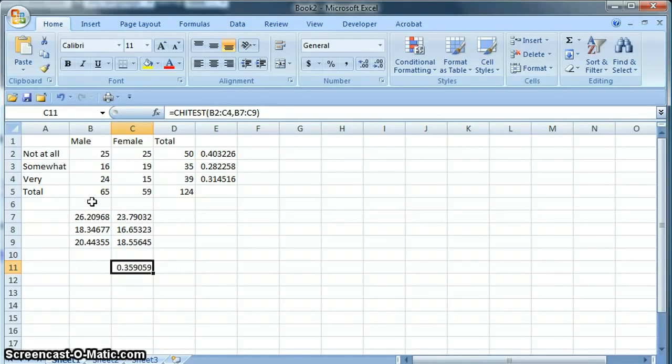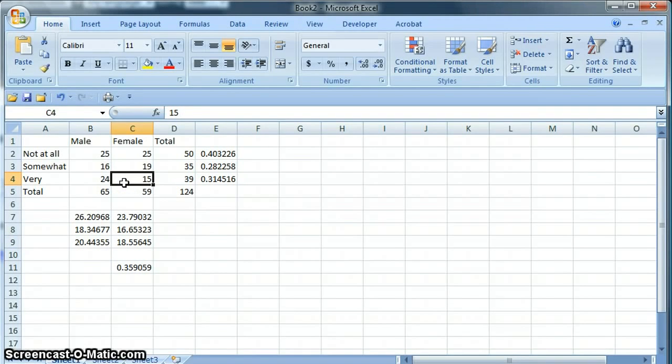Now, just to be clear, we can see that there is a difference in the sample that we drew. For example, in very, if there were no difference between males and females, we'd only expect to see 20 males say very, but in fact 24 did. And we'd expect to see almost 19 females say very, but only 15 did. So that is a difference in the sample.